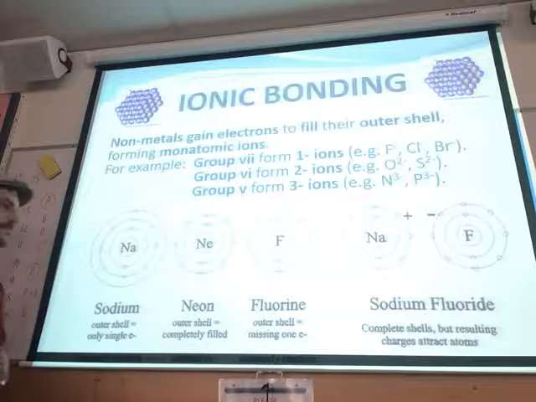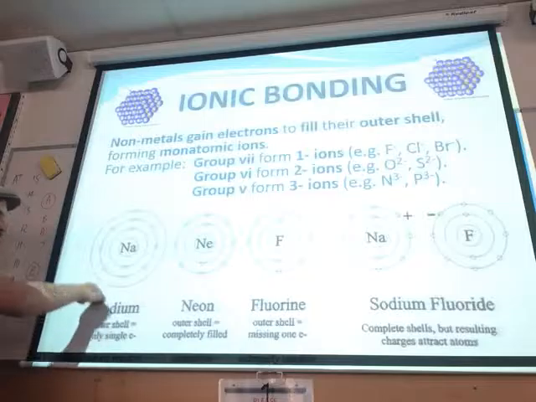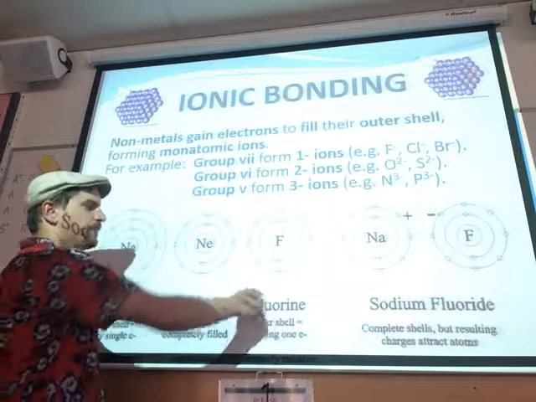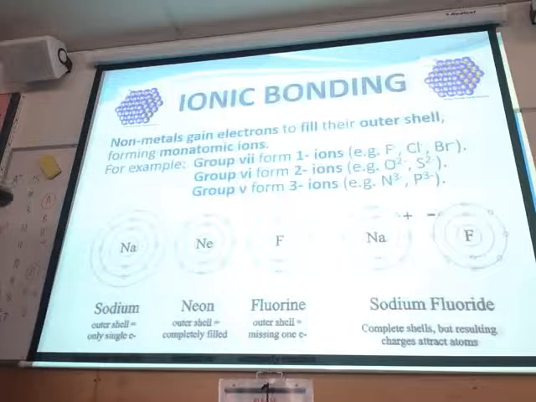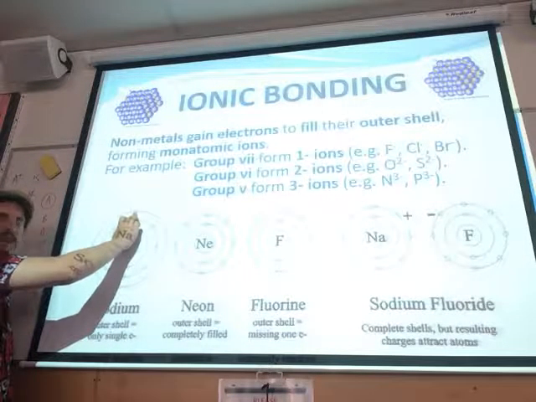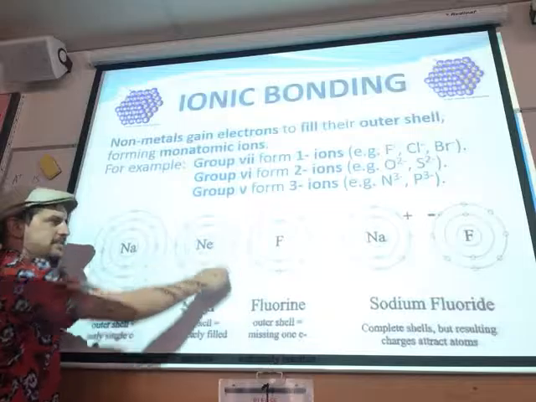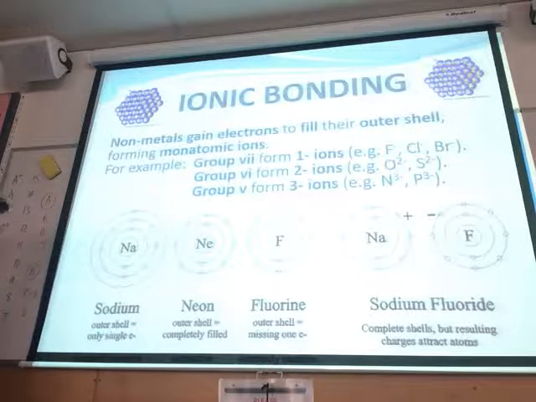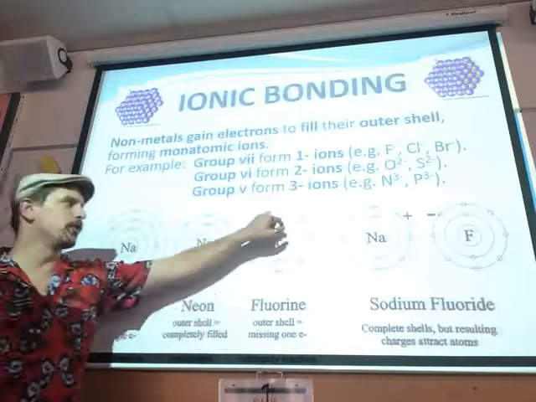So if we look here, I've got sodium's electronic structure, neon's electronic structure, and fluorine's electronic structure. Sodium has 1 electron in the outer shell, neon has 8, and fluorine has 7. So because of this, sodium's going to give its electron to fluorine.